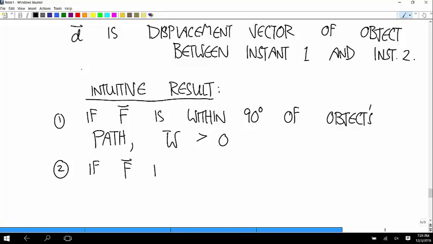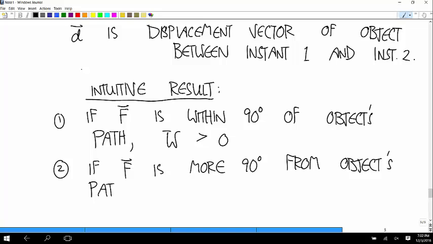If the force vector is more than 90 degrees from the object's path, then the work is less than 0.